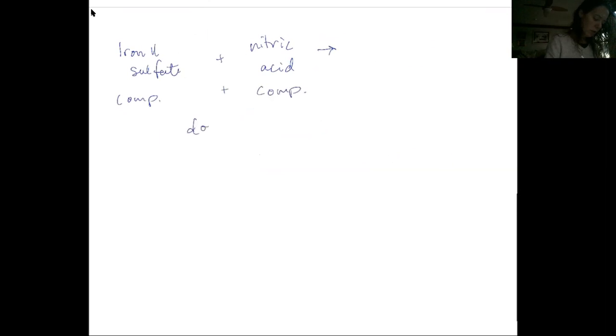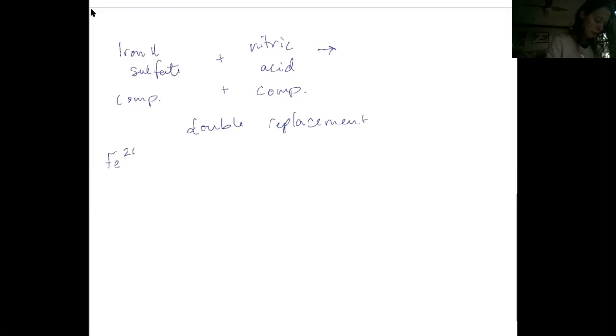Let's do that one more time. Let's do iron II sulfate plus nitric acid. All right. So we've got a compound plus a compound, right? We know it's double replacement, so we're just going to switch places, right? So you need to write iron II sulfate. Figure out what it is.